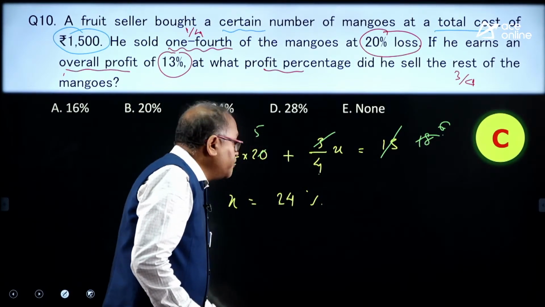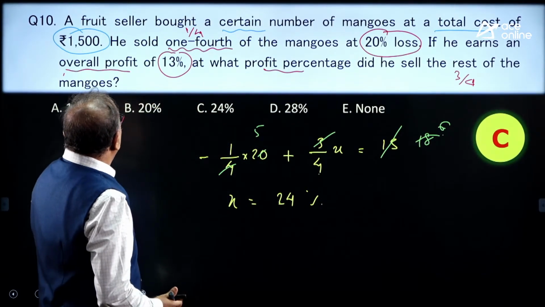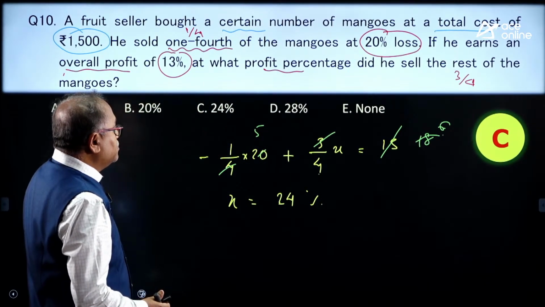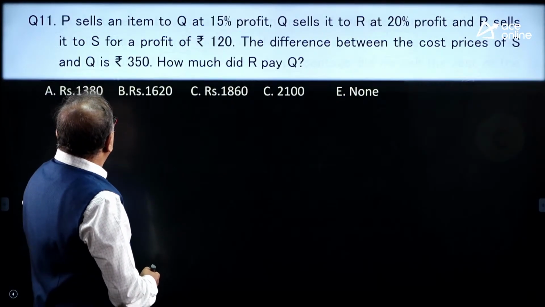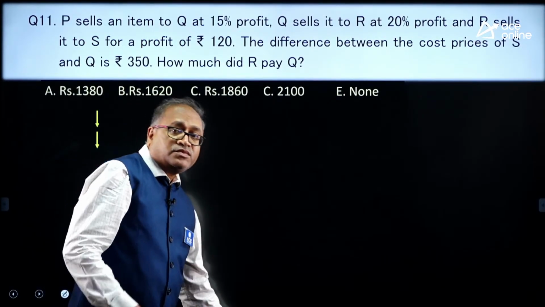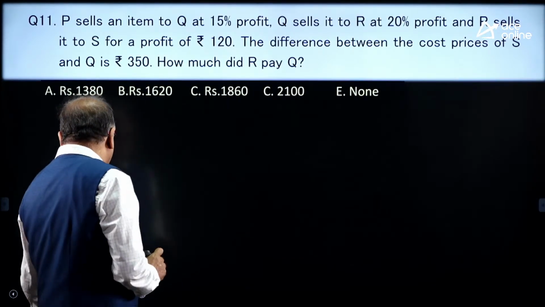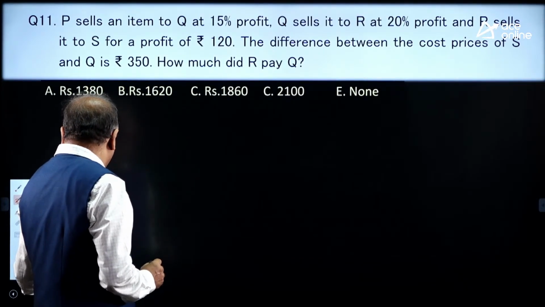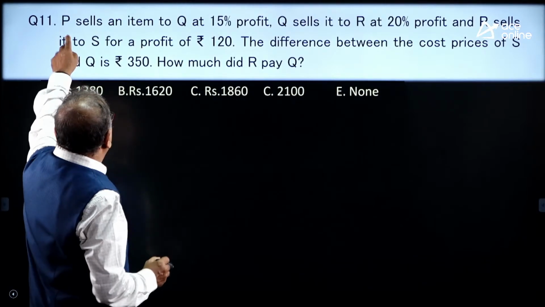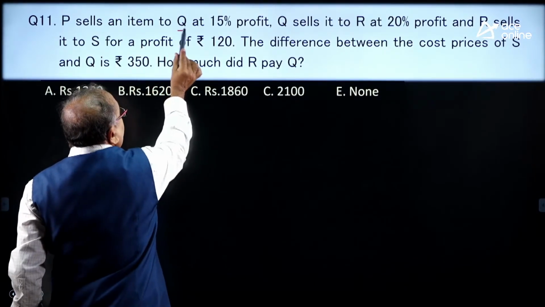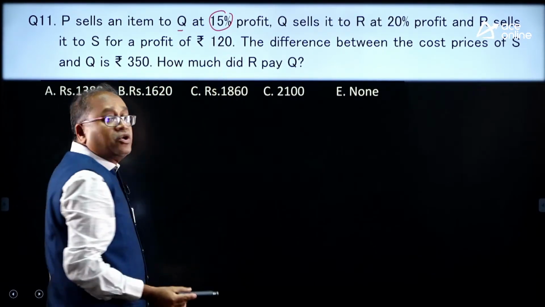Okay, fine. So, I will be moving on to the next question, and that is this. Don't run away from here. There is a lot of logical application in this question. P sells an item to Q at 15% profit.